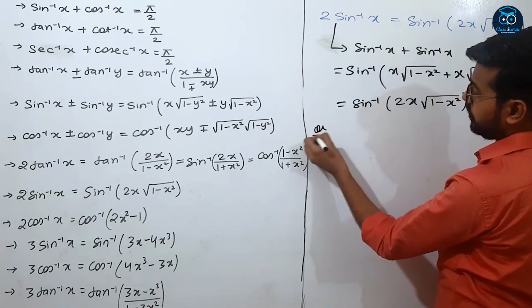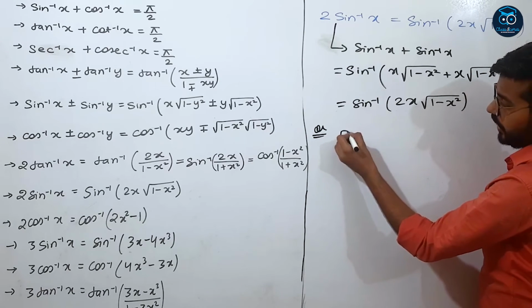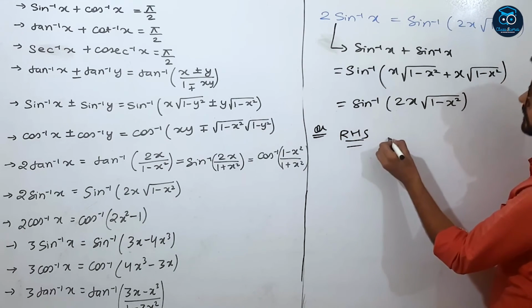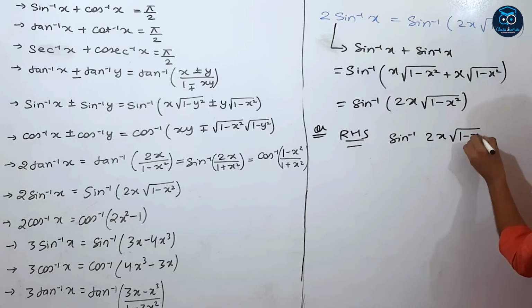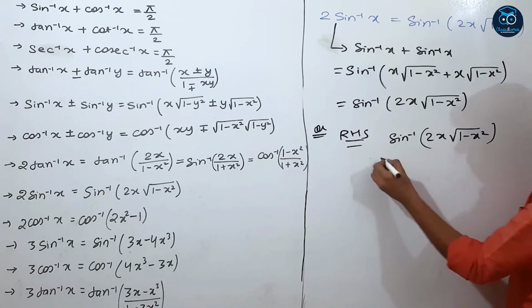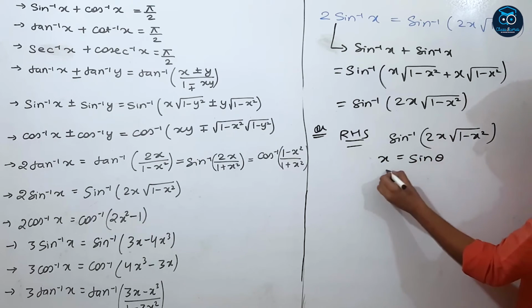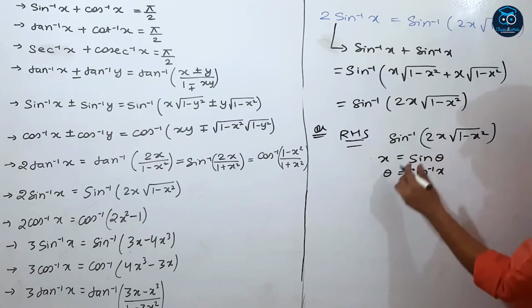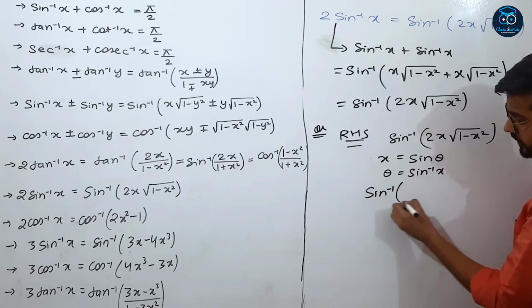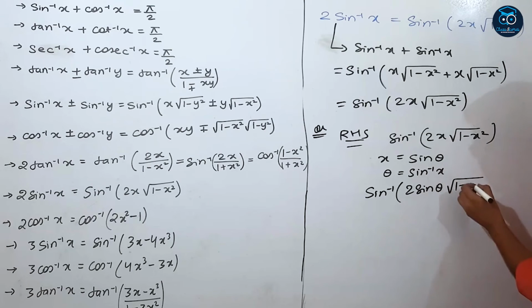Or we can take the RHS, that is sin inverse 2x root 1 minus x square, then x equals sin theta, and we get theta equals sin inverse x. Substitute this, we get sin inverse 2 sin theta, then square root of 1 minus sin square theta.